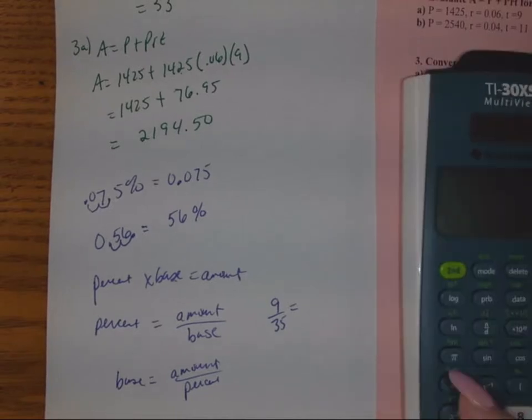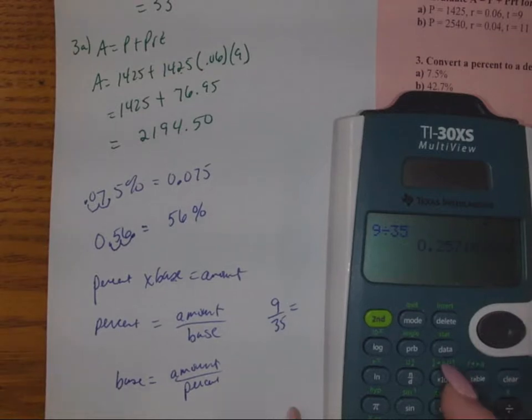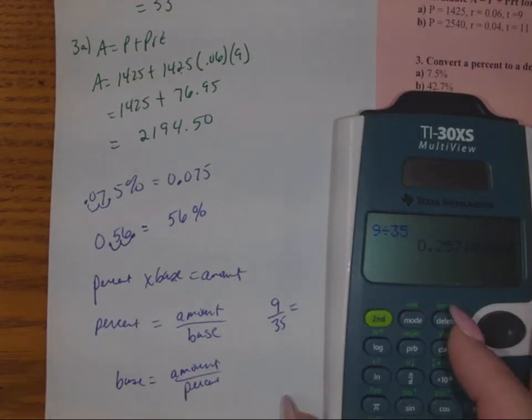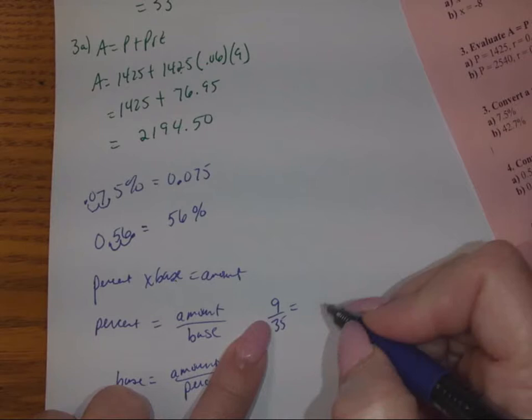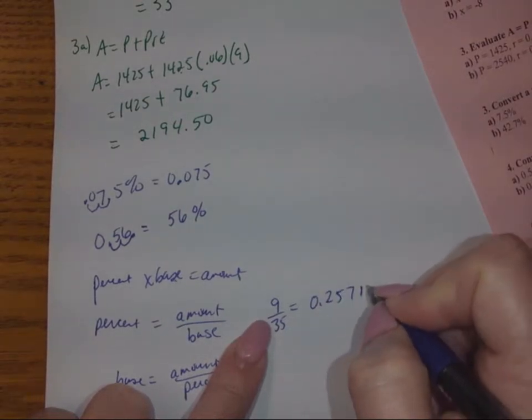So if we take our 9 divided by 35, it becomes 0.257, and it's going on to like 1 and 4.